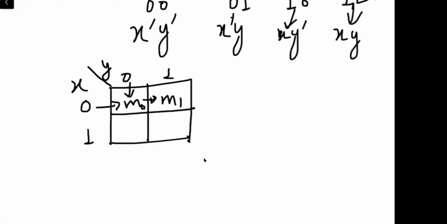Then in the second row and the first column, x is 1, y is 0, so this is minterm m of 2. And in the next vacant box, x is 1 and y is 1, so we say this is m of 3. Are you with me? Yes, sir. Any question up till now? No, sir. Okay.